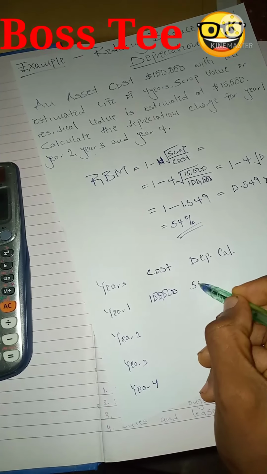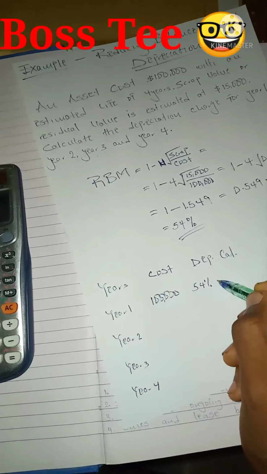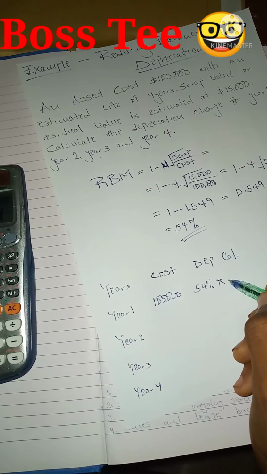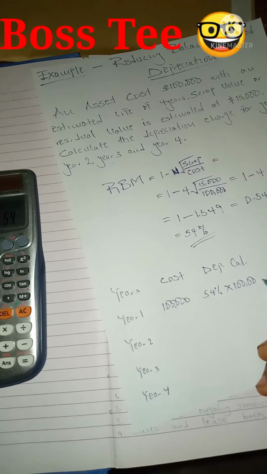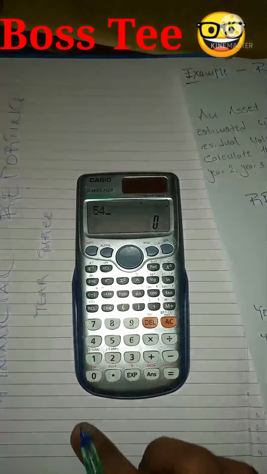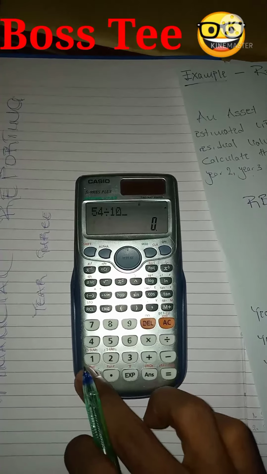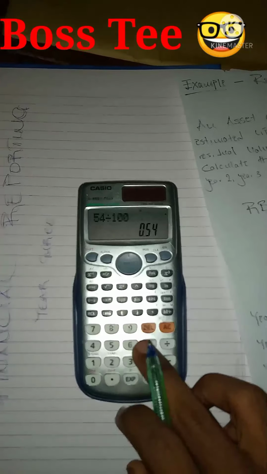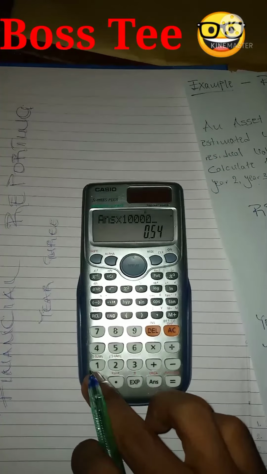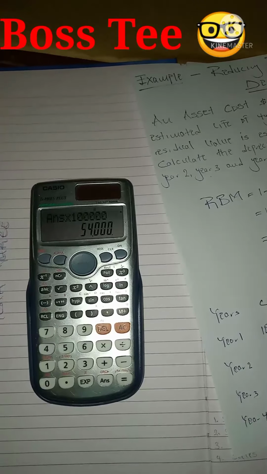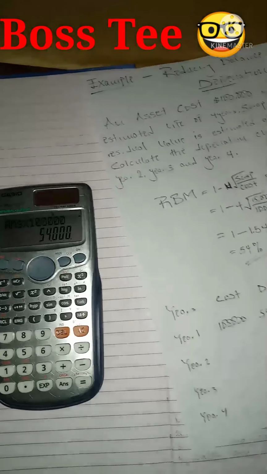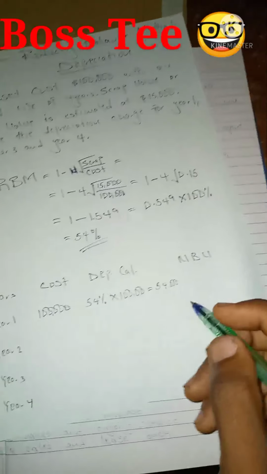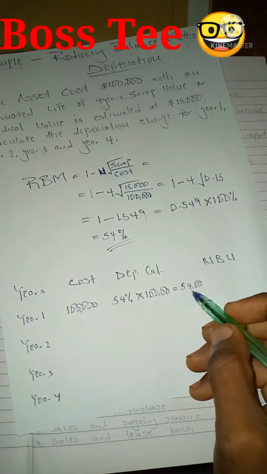So we say 54% of 100,000. What do we have? 54% of 100,000 is 54,000. Good. So we arrived at 54,000.